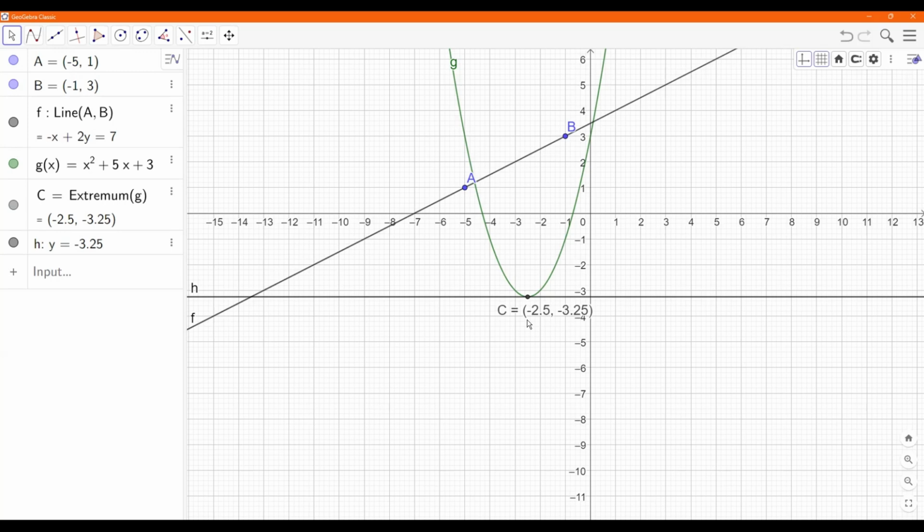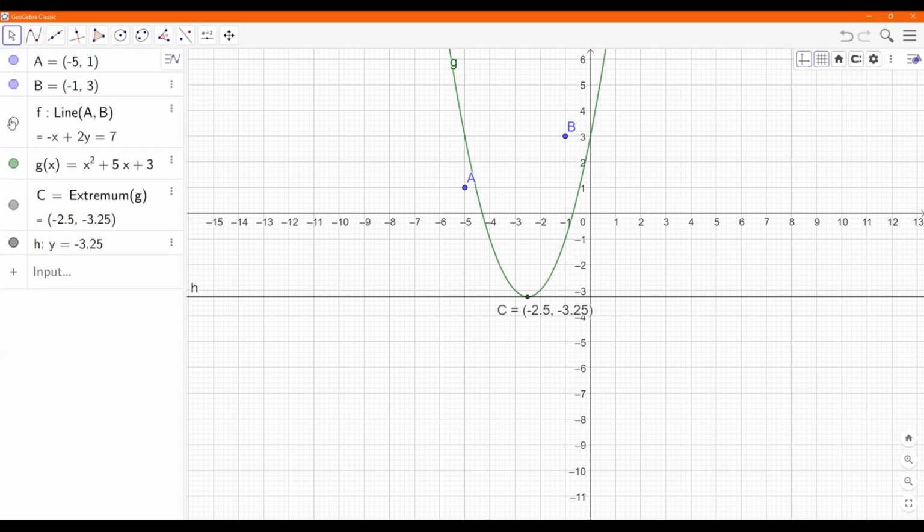So the graph exists above negative 3.25, inclusive of negative 3.25, because that is the value of the minimum point. Are you seeing that? So this graph exists everywhere above that straight horizontal line. Are you cool with that? That's one way to write it down.